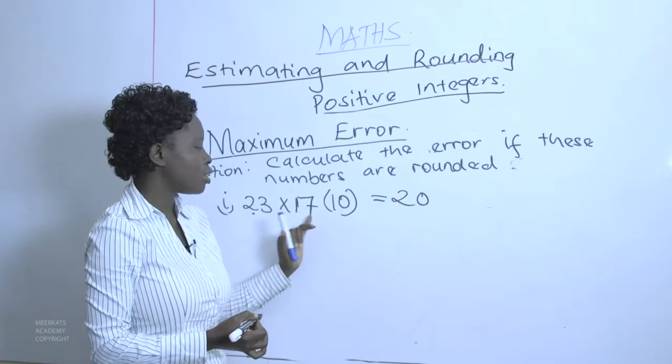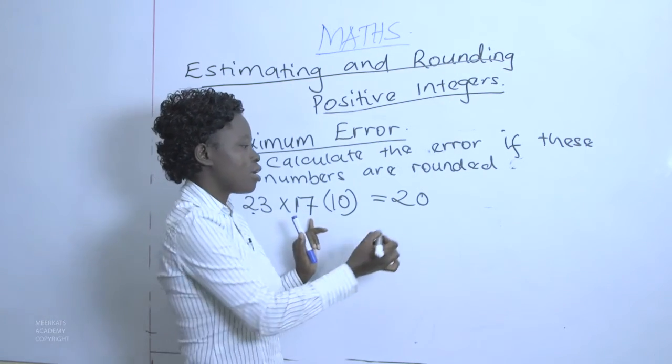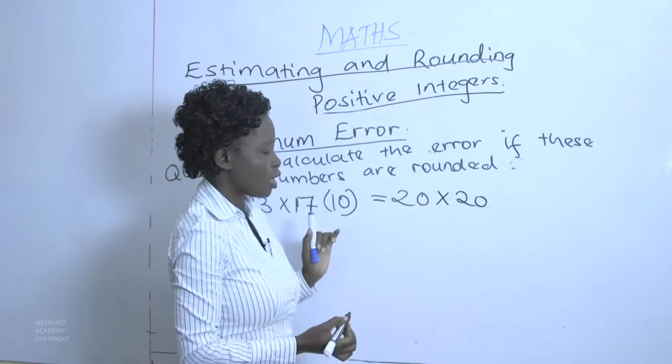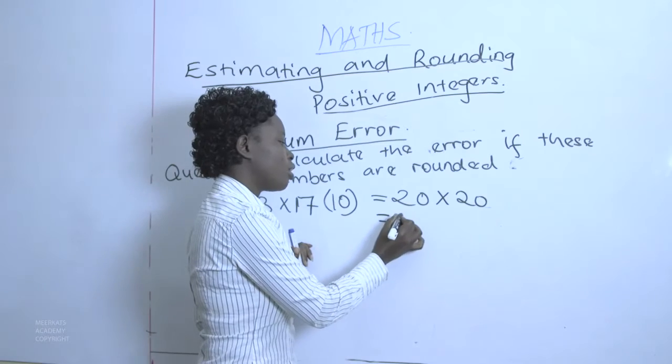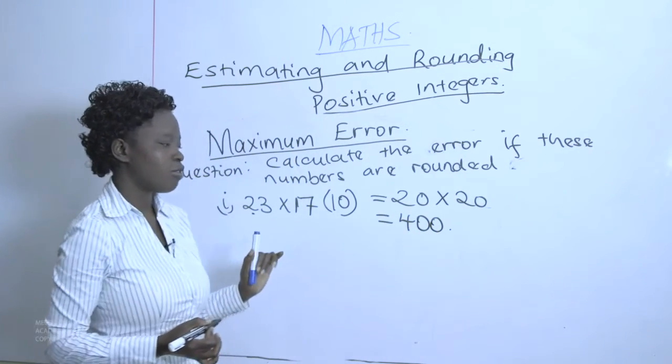Then 17, 7 is more than 5, so it is rounded up to 20 also. So we have 20 times 20, which gives us 400. That is the rounded figure.